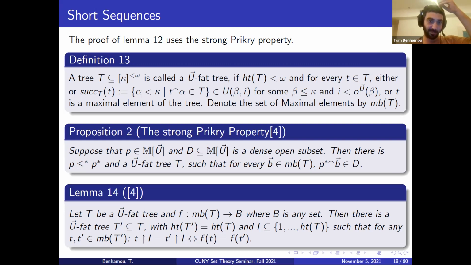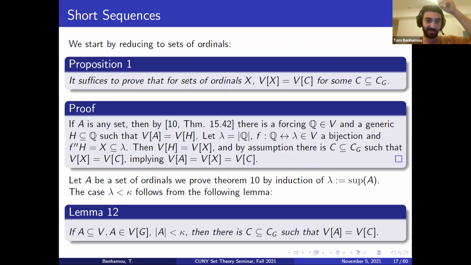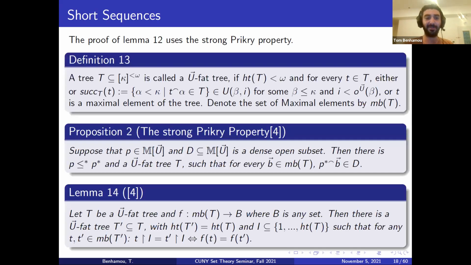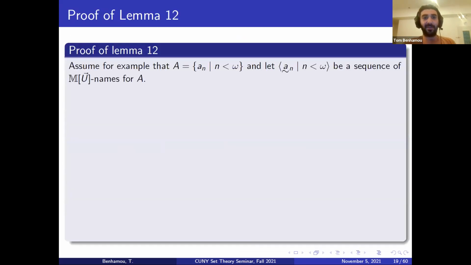And now let us prove lemma 12, the theorem for sets of cardinality less than kappa. Suppose, for example, that A is countable. In order to avoid technicalities, this would be much clearer.